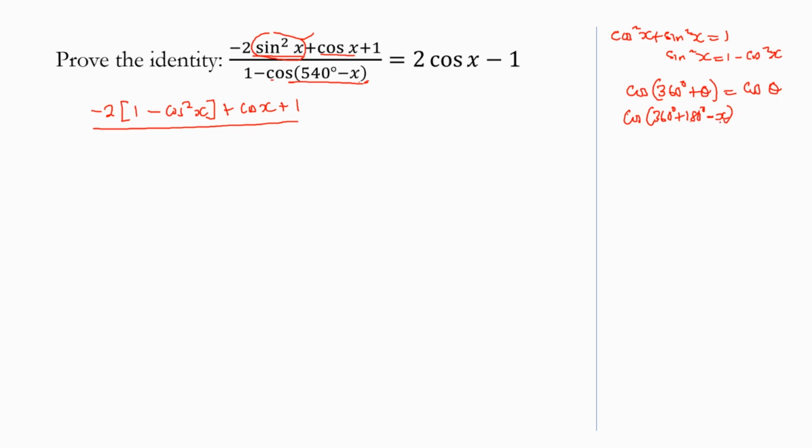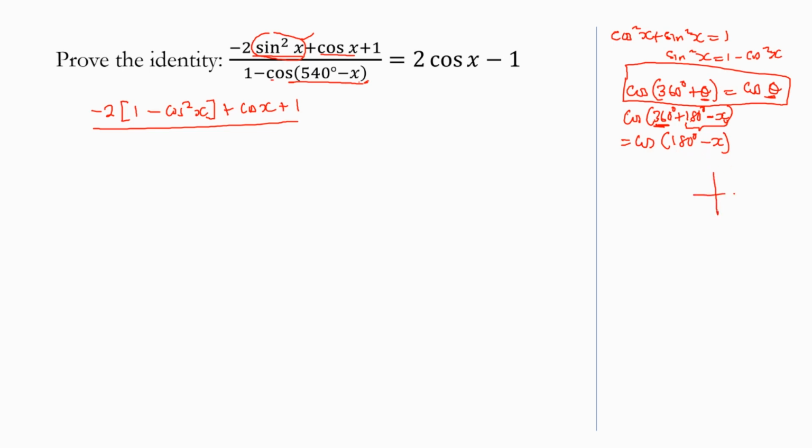Using this, the 360 is one full revolution, so this whole thing is just the same as our theta here. It's equivalent to the theta here. So this is equal to cos(180 degrees minus x). You see that? Which quadrant is this in?